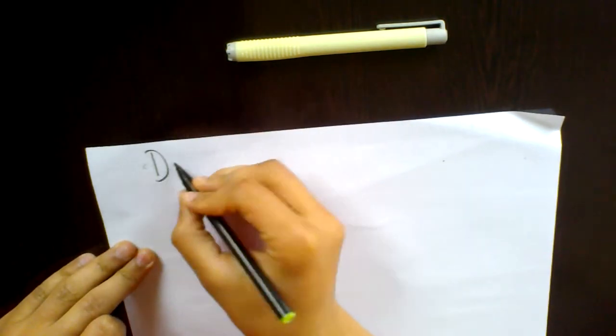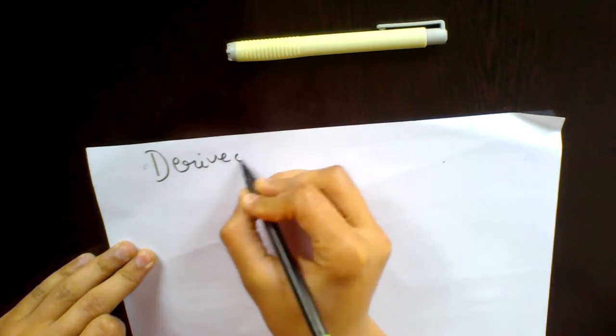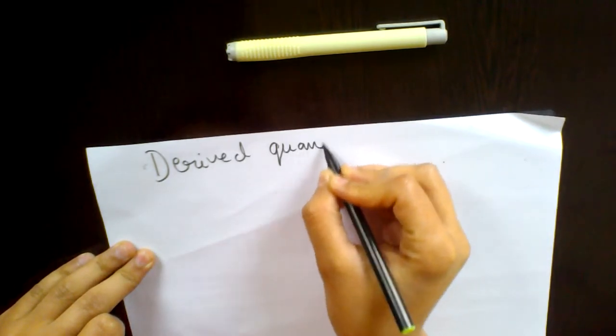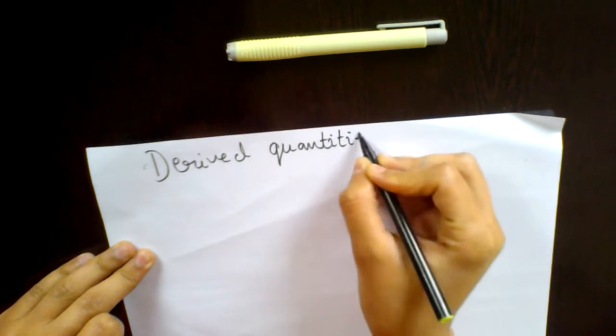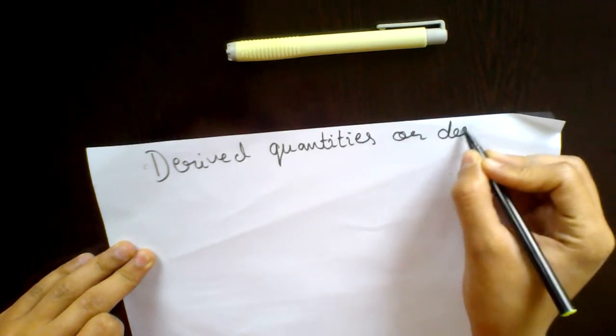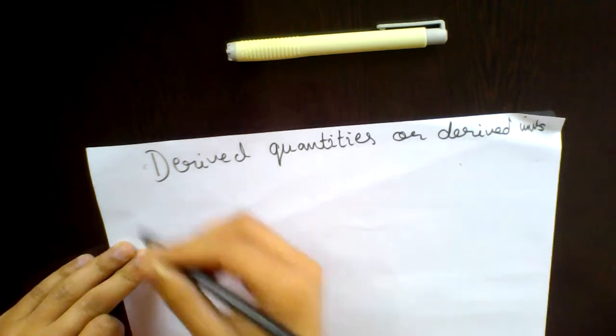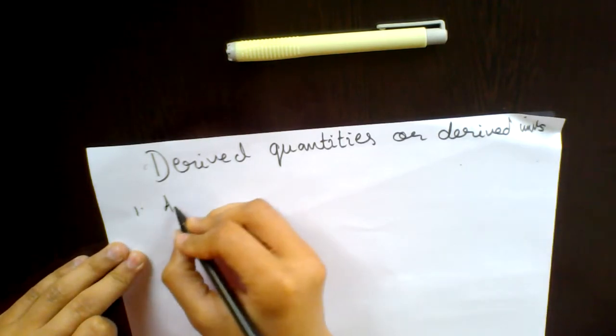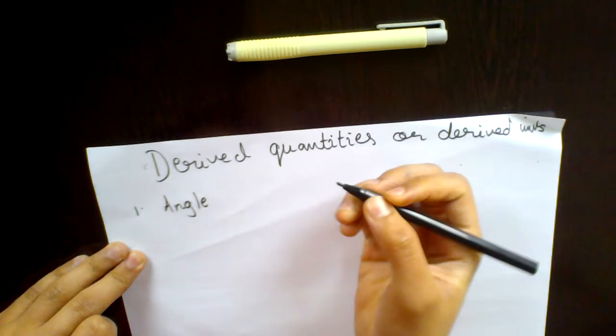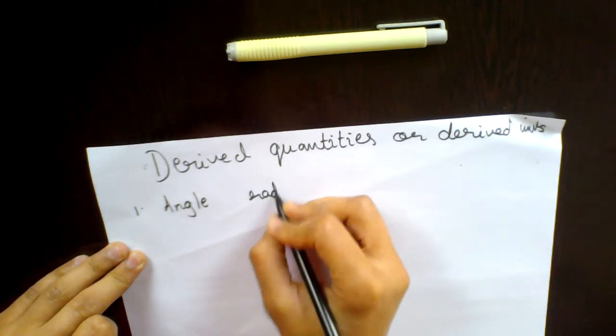Okay. Now, the derived quantities or derived units. First one you have is the angle, and the unit is given by radian.